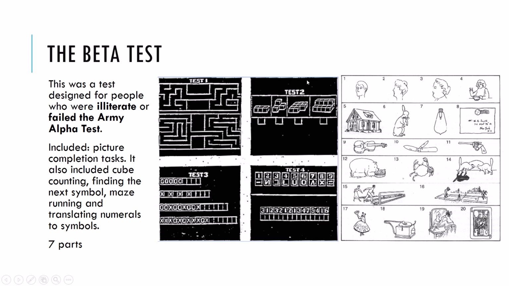Here's an example of some cube counting. How many cubes are there? There, and there. Finding the next symbol. Here's one. It was just X's and O's, and could you work out what the next symbol was in the sequence? Maze running. That's test 1 there, an example of maze running. And translating numerals, so numbers, into symbols.